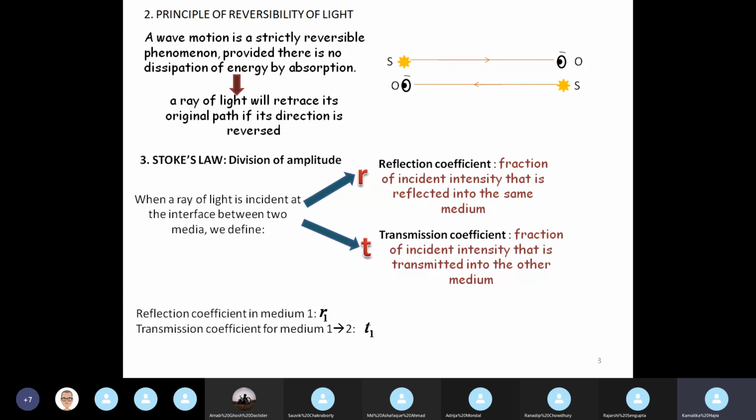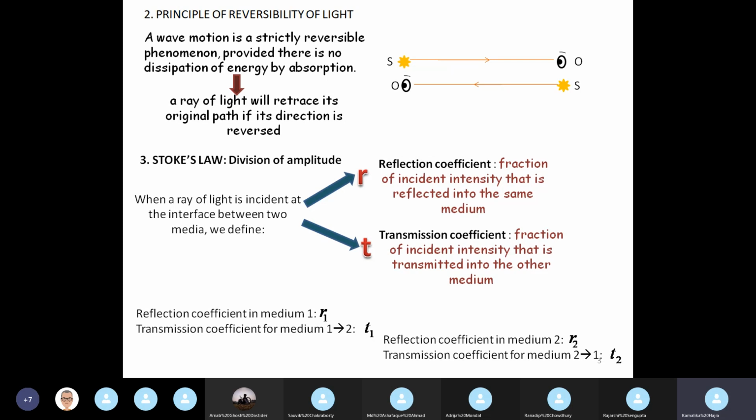Suppose the reflection coefficient in medium 1 is R1 and the transmission coefficient for medium 1 to 2 is T1. To define a transmission coefficient, you need two media because light goes from one medium to the second medium. And suppose the reflection coefficient of medium 2 is R2 and the transmission coefficient from medium 2 to medium 1 is T2. So remember, reflection coefficient and transmission coefficient are medium dependent, and for the transmission coefficient, the direction is also important.